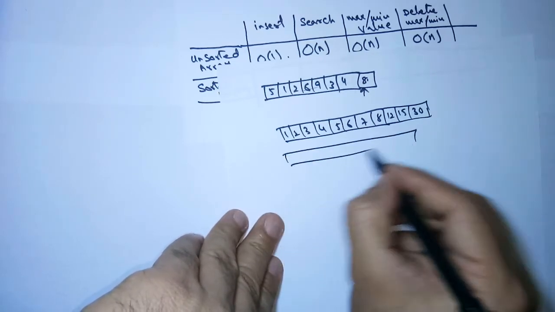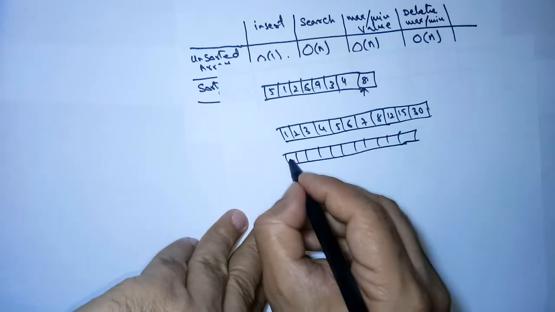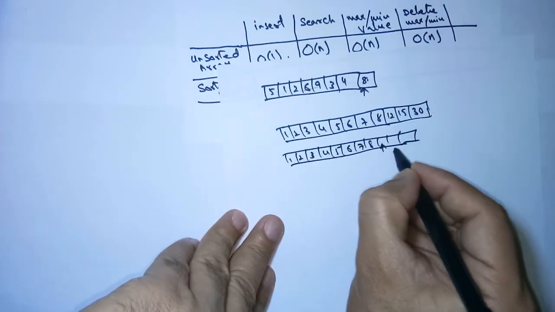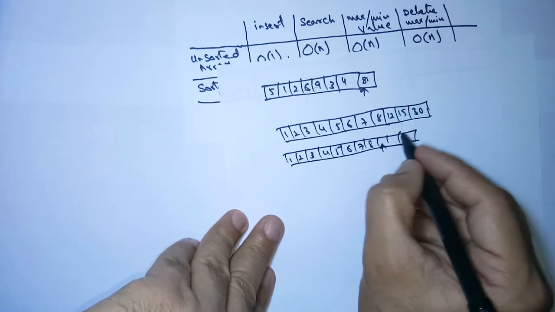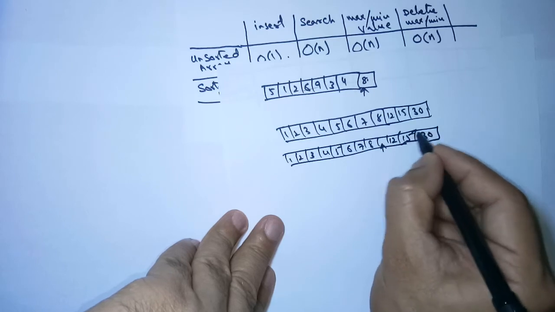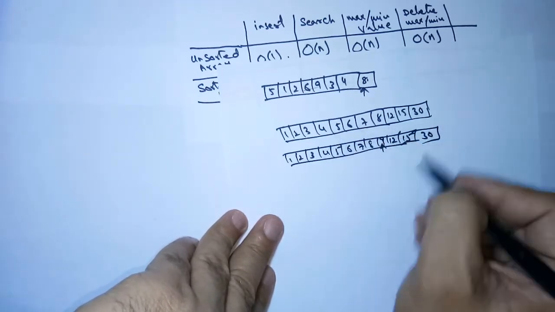So first of all, I will find the place for 9, like in insertion sort. So I will come to the point that here is the place of the 9, and I will move all the elements forward, 15, 30, and then I will insert 9 here. So it requires order of n time.